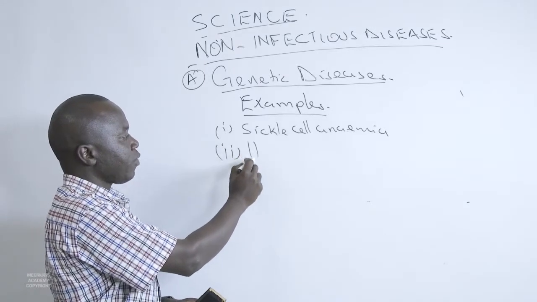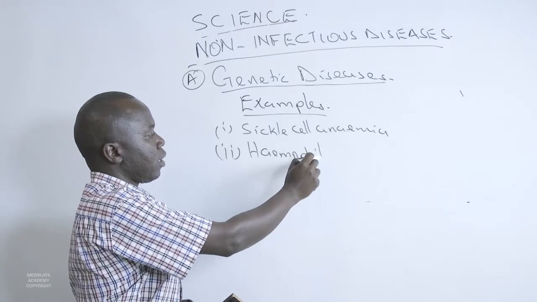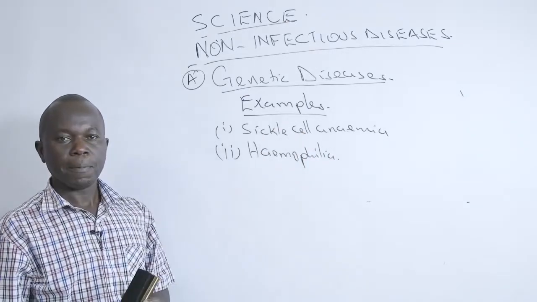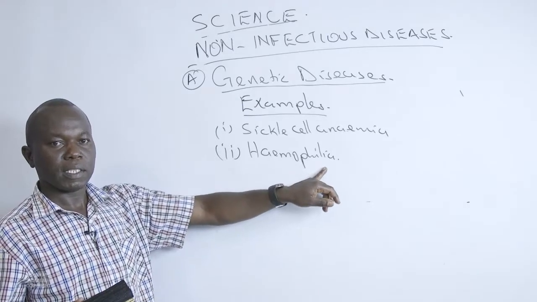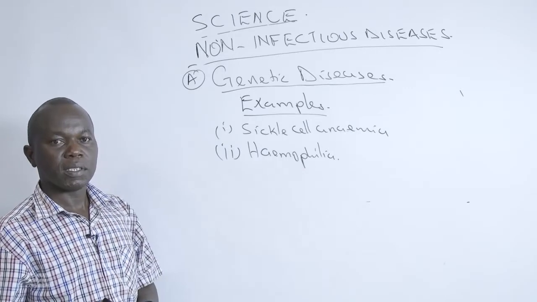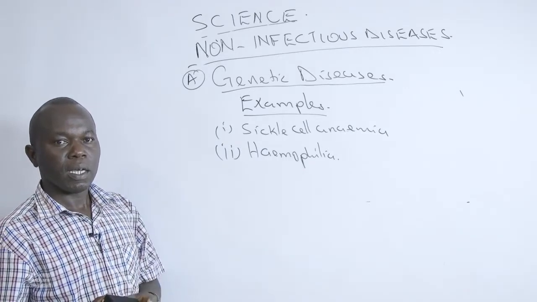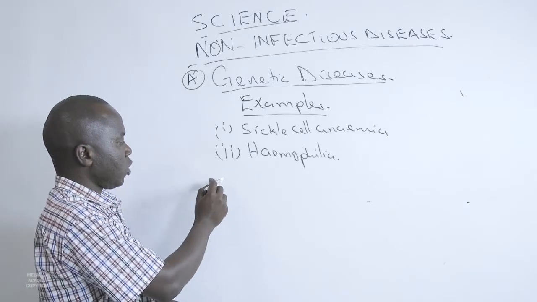We have hemophilia. We know hemophilia where the blood takes abnormally long time to clot. In the process, it leads to excessive bleeding or hemorrhage.